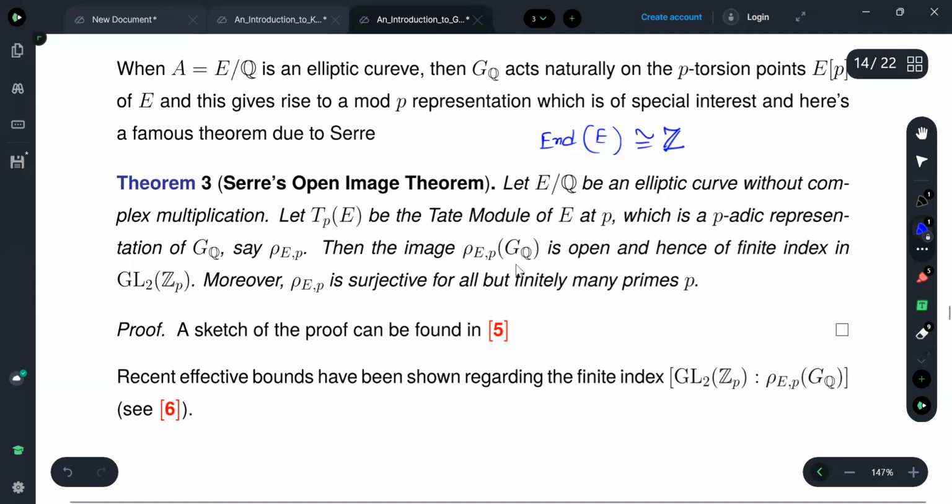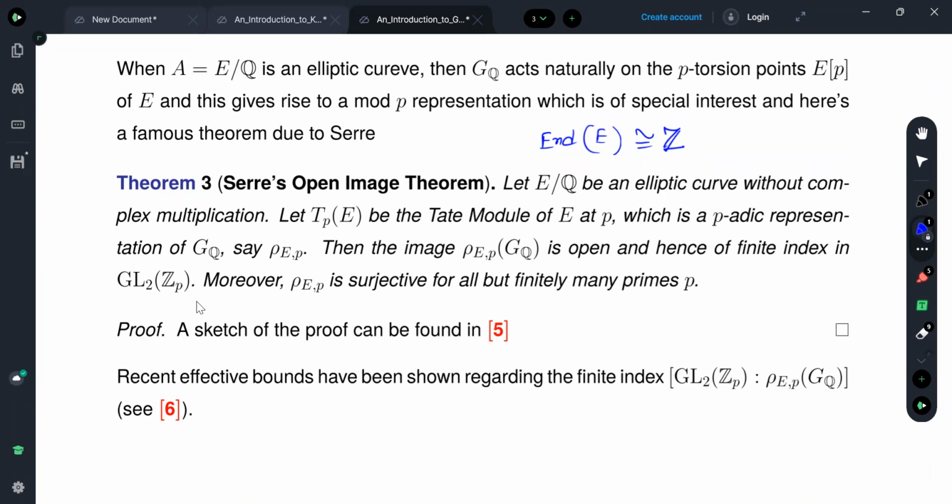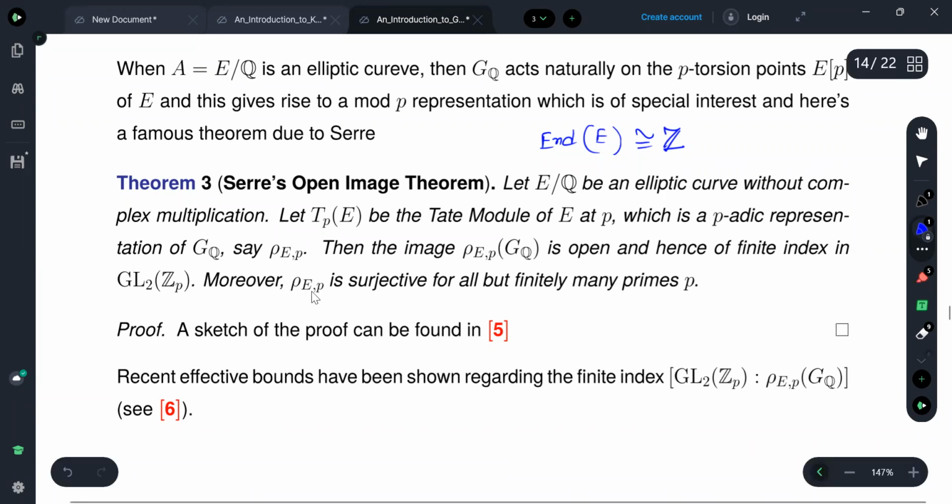Then the image of G_Q under this p-adic representation will be open and hence of finite index inside GL2(Zp). And moreover, this representation is surjective for all but finitely many primes p.